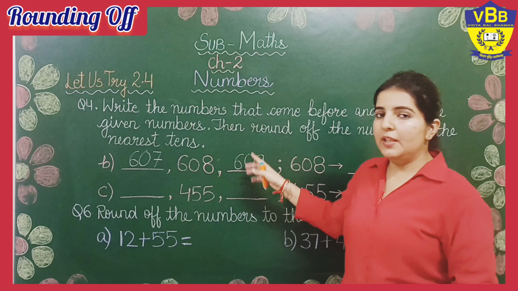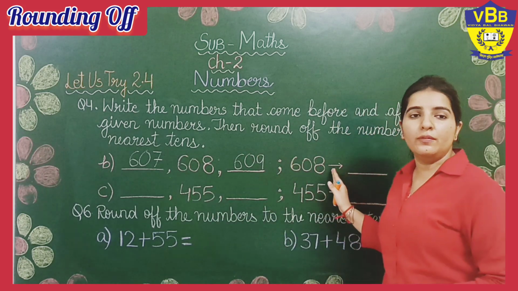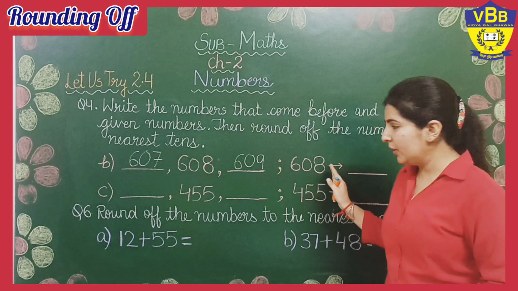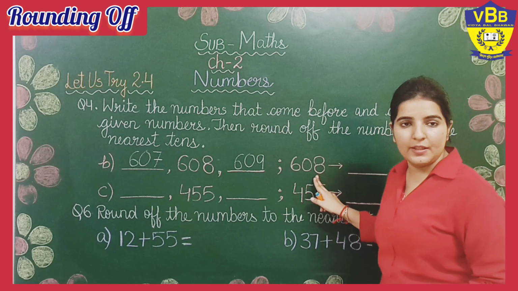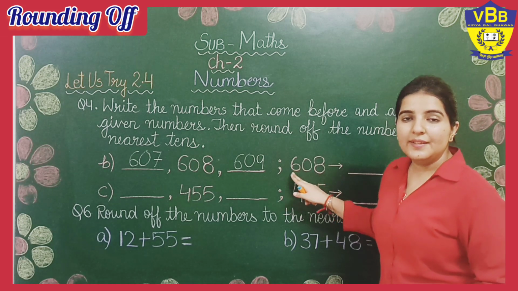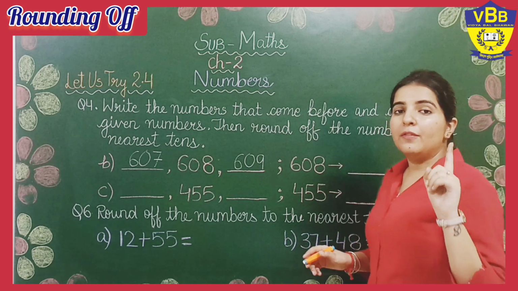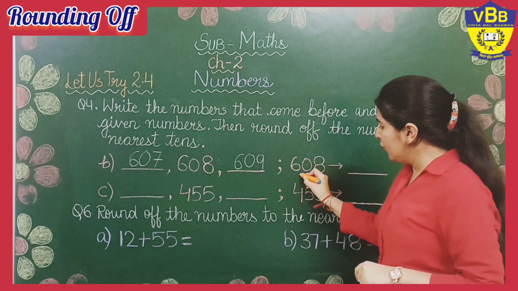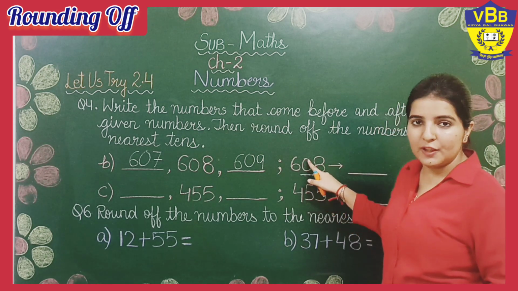Similarly, now we are going to round off the number also. My number was 608. Remember step 1: find out the number. Here is the tens place, and on the tens place the number is 0.